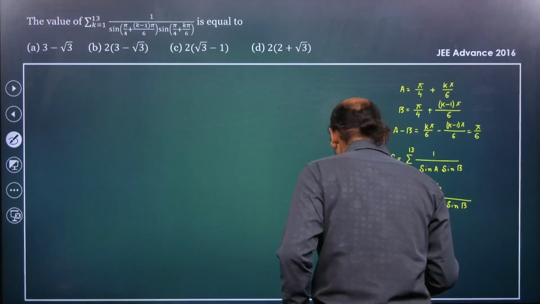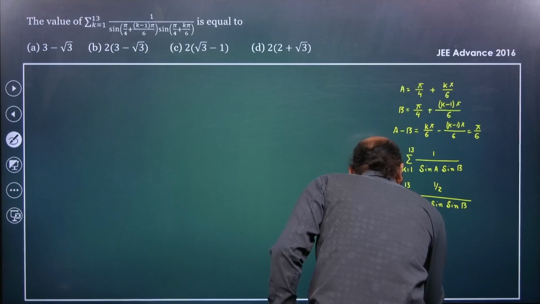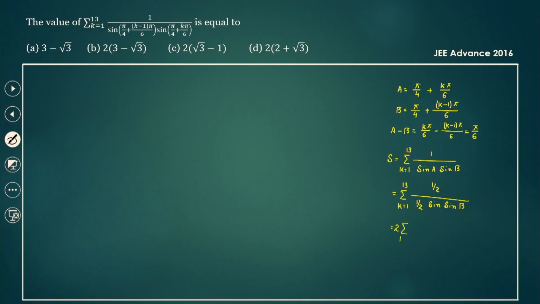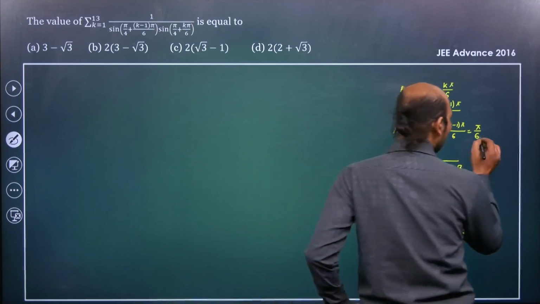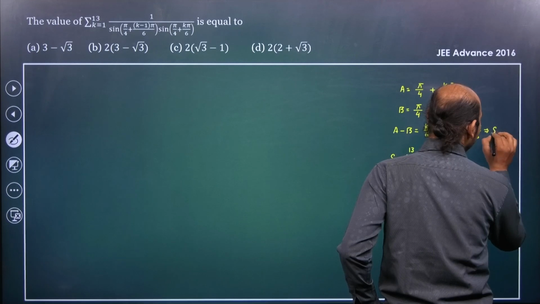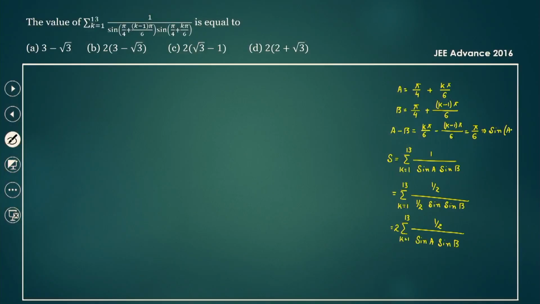So it gives me 2 times the summation of k equal to 1 to 13 of 1 by 2 sine A sine B. Now notice carefully. If we have A minus B equal to pi by 6, from this we can conclude the value of sine(A minus B) in this particular problem is equal to half. So this half, we can easily change to sine(A minus B). This is the trick for this problem.